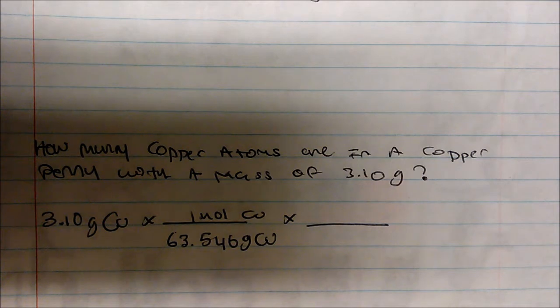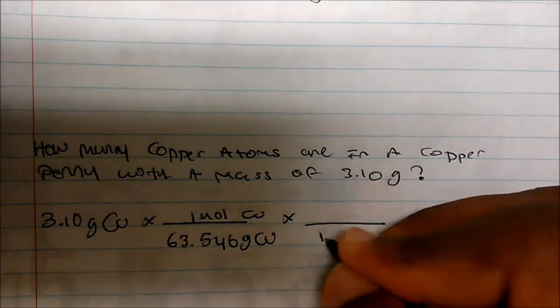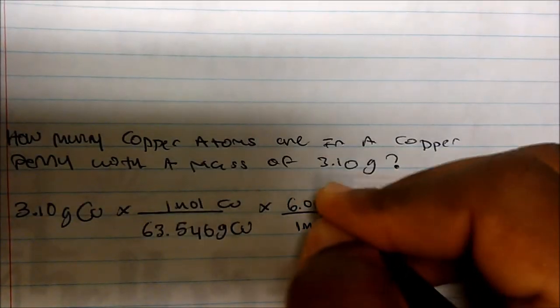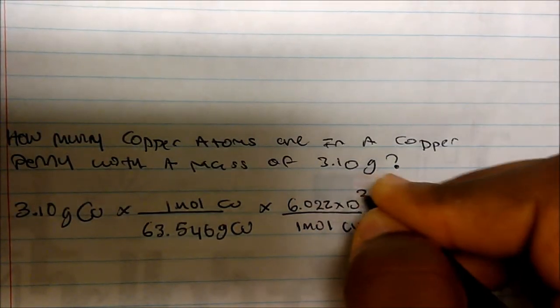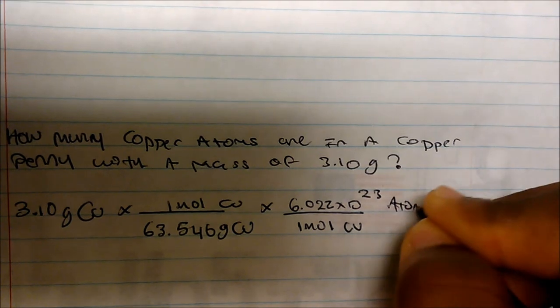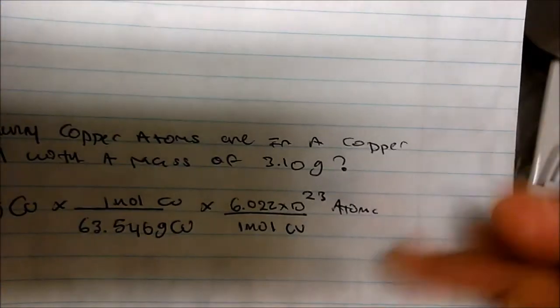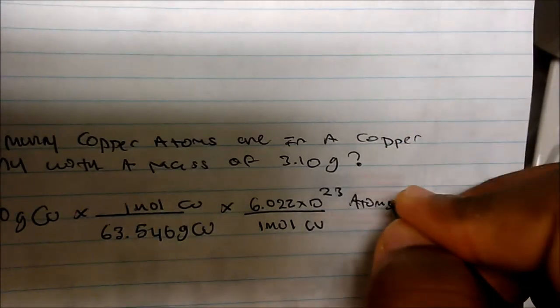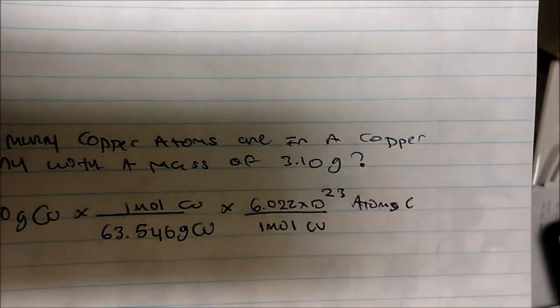But the idea is that if I have 1 mole of something, I have 6.022 times 10 to the 23rd of that something. And so if I have 1 mole of copper, that's equivalent to 6.022 times 10 to the 23rd atoms of copper, okay? It's just a conversion unit that we should know.